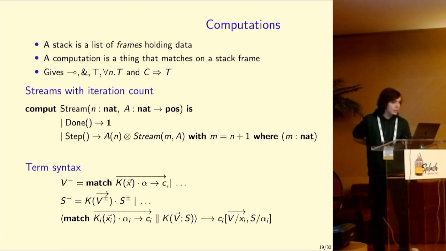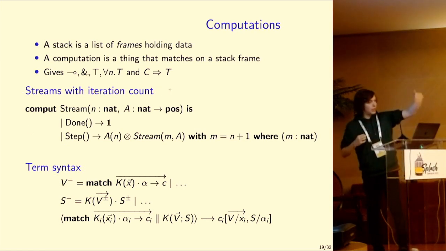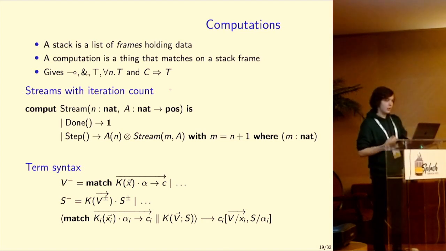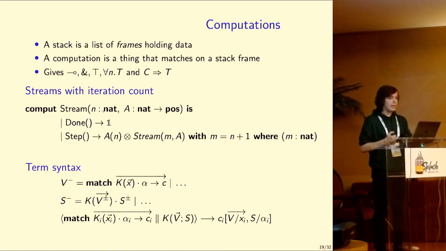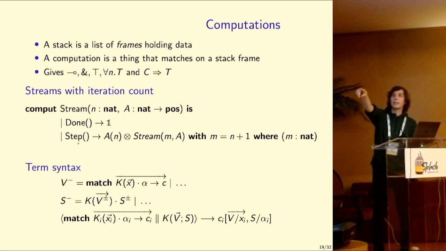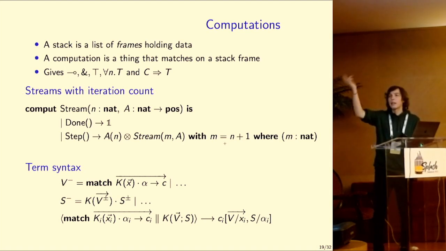So here, for example, I have a stream data type, which will produce values over and over, and the stream is indexed by the number of iterations we have already done. So if we step once inside the stream, what we get in return is a value of type A(n) and a new stream, which, when called, will produce a new value of type A(n+1).